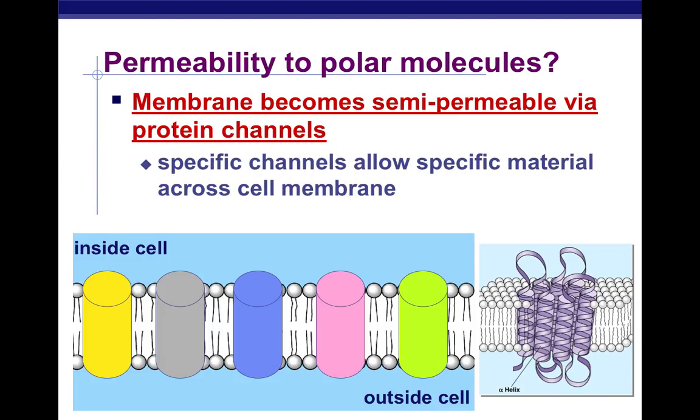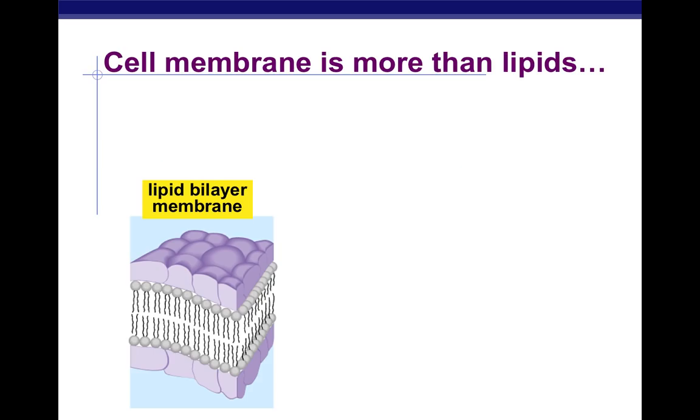Anything that's polar is going to have to use one of these channels, and they're made of protein and embedded in the membrane. These channels are specific to what they transport, so you can see that only one type of molecule is moving through. The channels you see over here to the right are aquaporins, and they transport water.